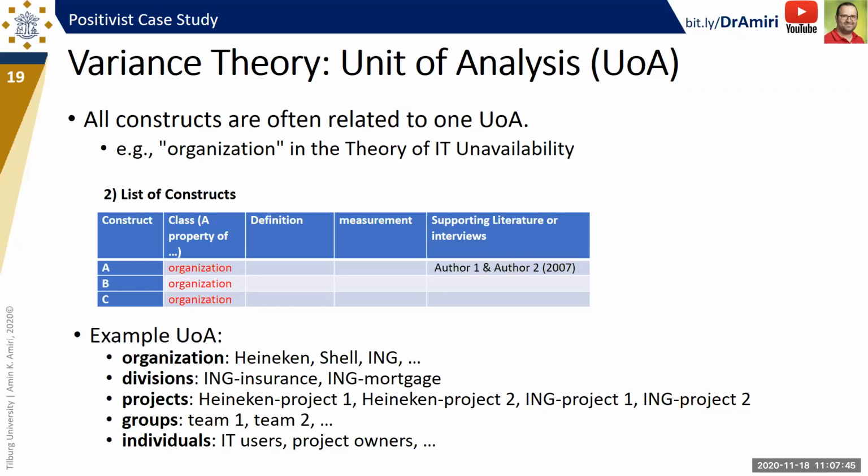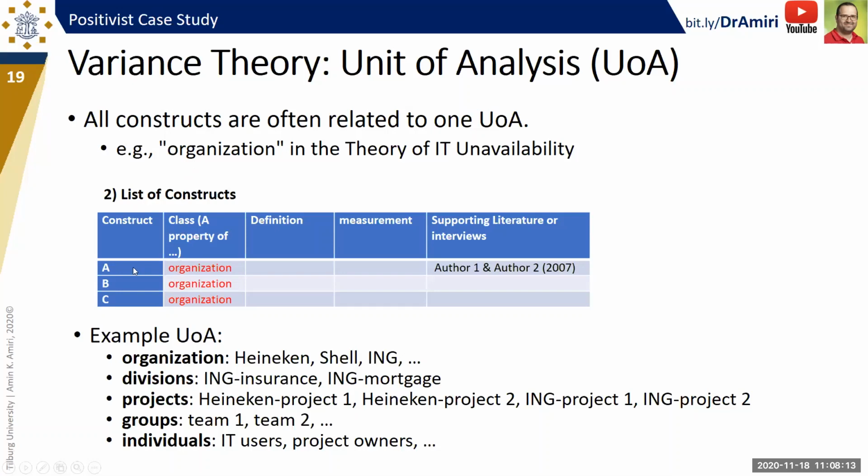So you have a construct, you can assign high or low value, but you also need to specify what this construct belongs to. Constructs are properties of a thing or a class of thing in this world. In this case, IT unavailability can be a property of an IT resource, or it can be a property of an organization.